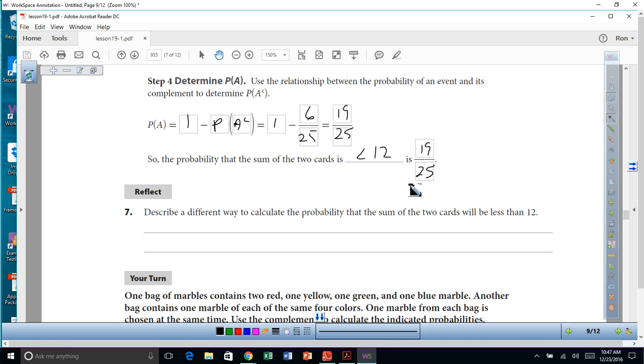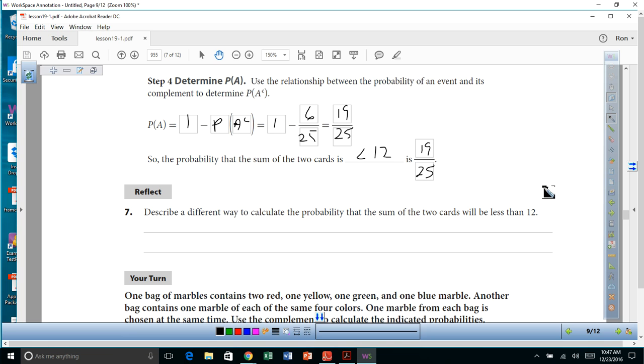Use a different way to calculate the probability that the sum of the two cards will be less than 12. Well, you can use the table to count the number of outcomes in event A instead of the complement of A, which is 19. Then divide that by the total number of outcomes.